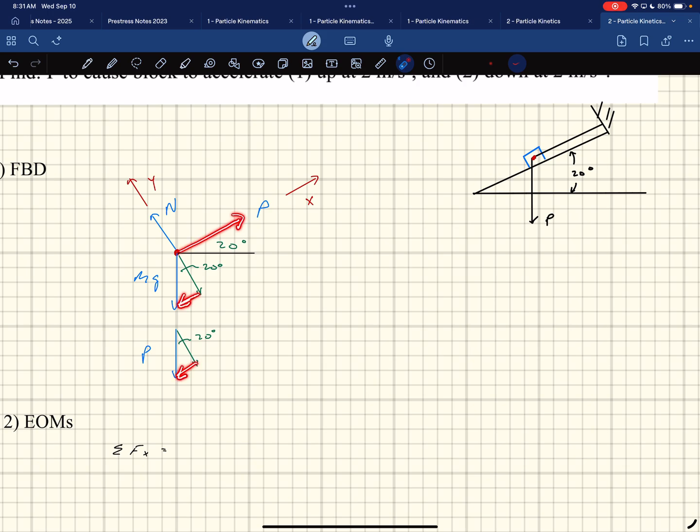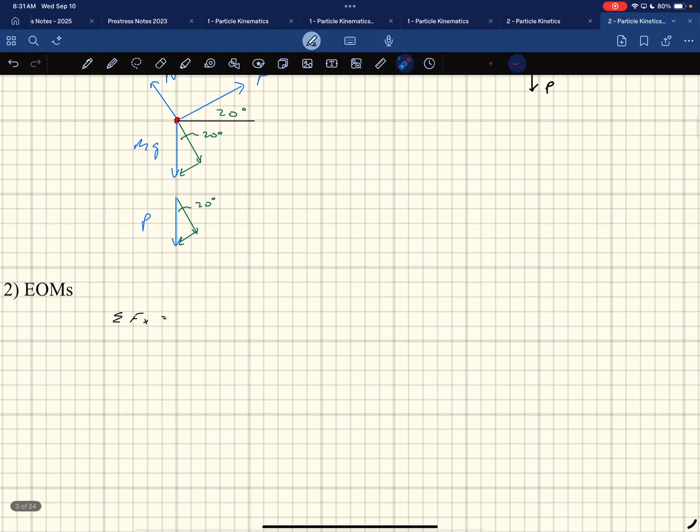You literally look to see what's acting in that. Those three. So I write those three down in the x direction. That'll be P, positive because it's acting in the positive x direction, minus mg sine of 20, minus P times sine of 20.